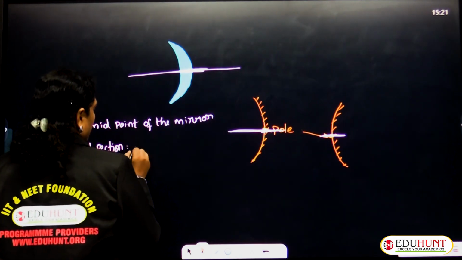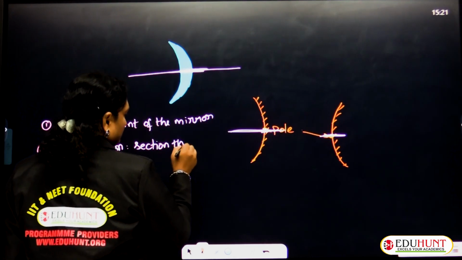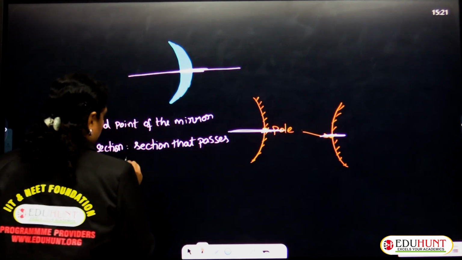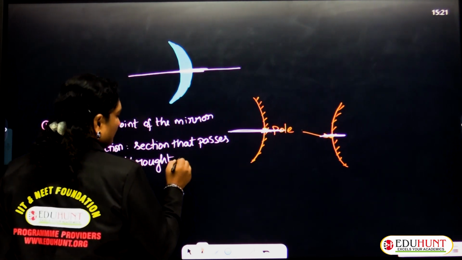Any section that passes through the pole of the mirror.